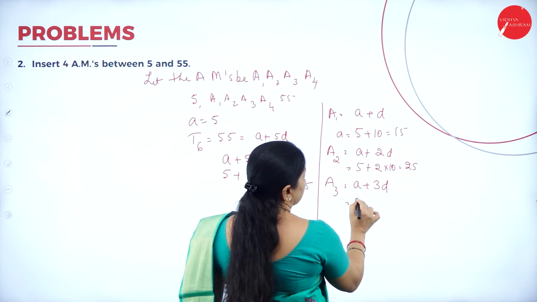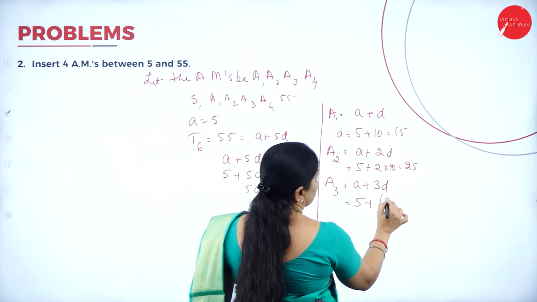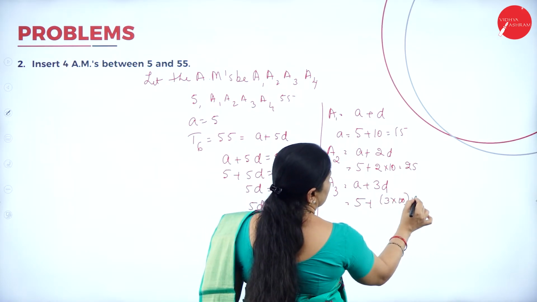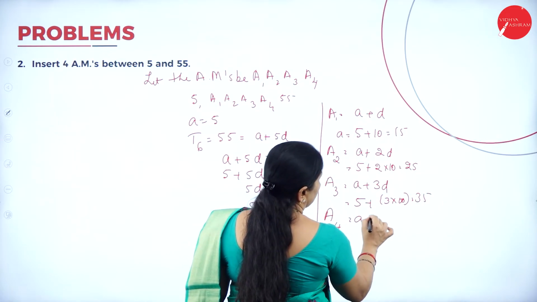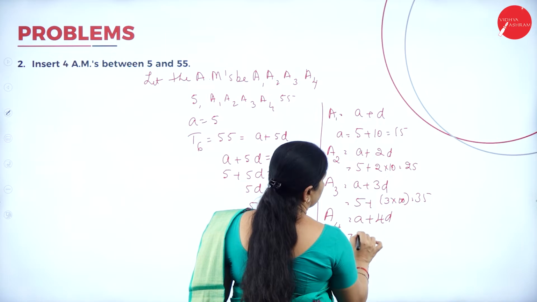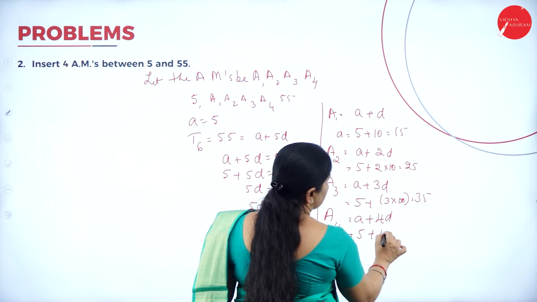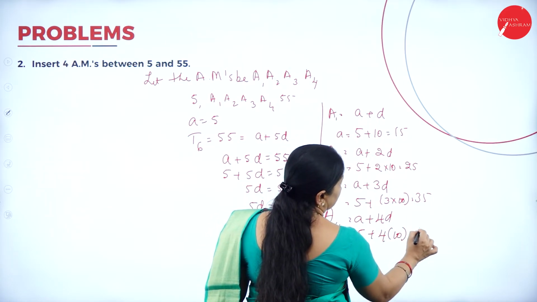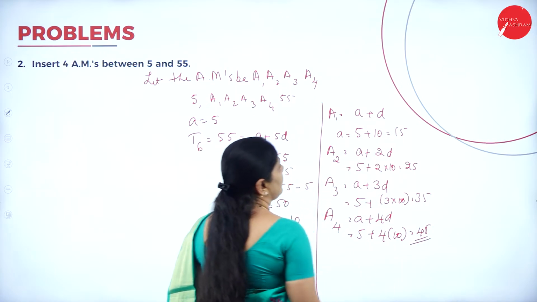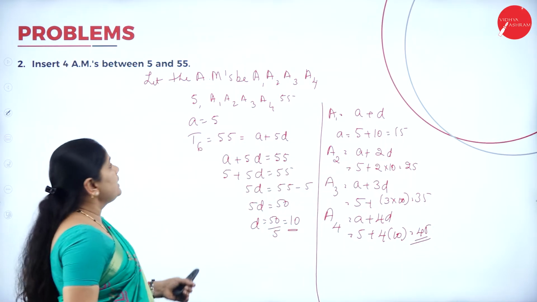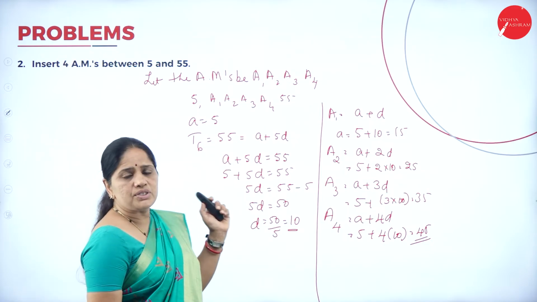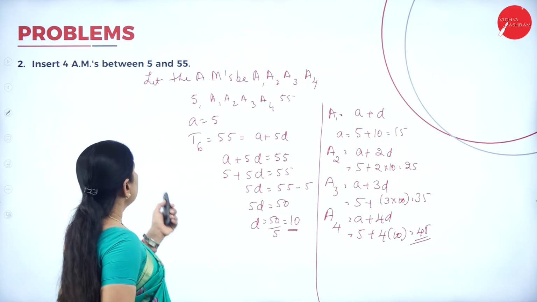So this will be 5 plus 3 into 10, that is 35. And A4 will be A plus 4D, that is 5 plus 4 into 10, that is 45 is the answer. So in this way we can find the arithmetic means between 5 and 55.